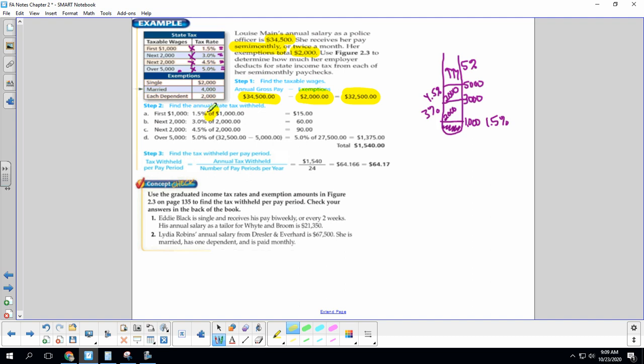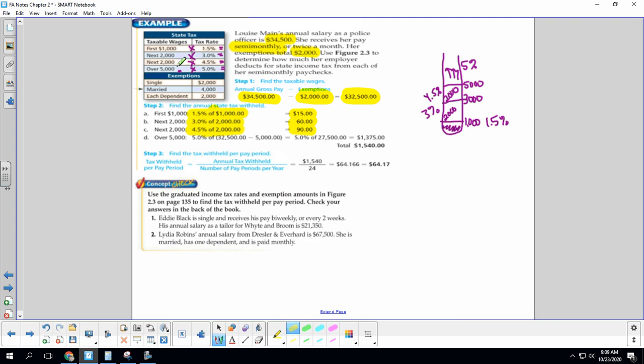So you are going to times 1.5% times 1,000 and get $15. On the next $2,000 she makes, it's 3%. So we go 2,000 times 3%, $60. On the next 2,000, it's 4.5%. So we're going to times that by 2,000 and it's $90.